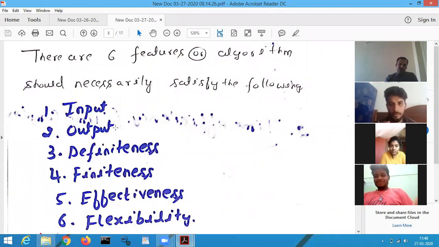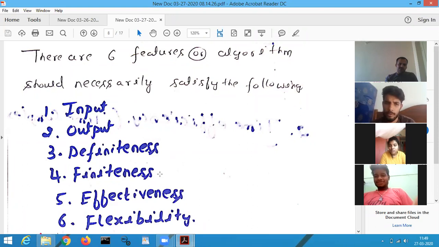Then what is the output with respect to the dictionary problem? The actual output is the actual meaning of the word after looking at the dictionary. Every algorithm should have some valid input and some acceptable output.